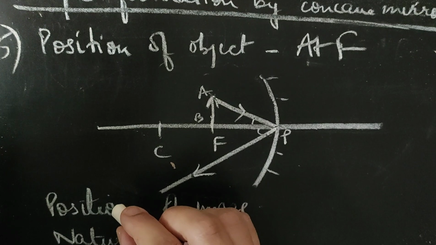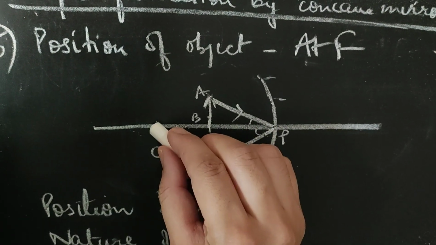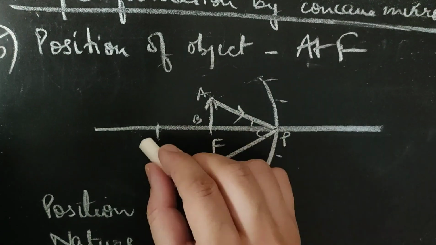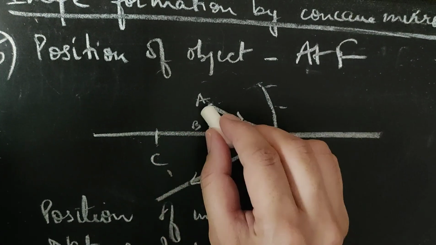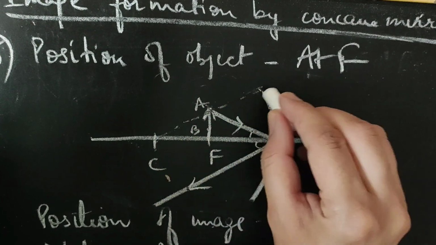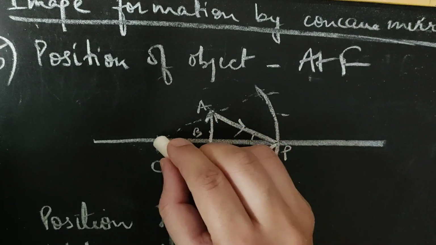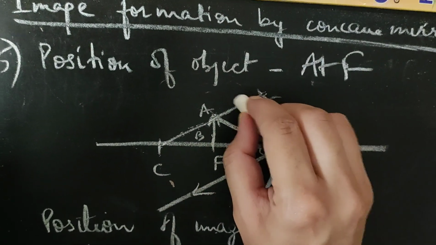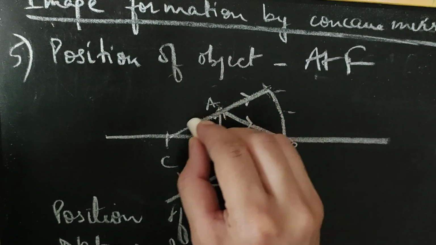And the second rule we can use is that a light ray which passes through the center of curvature will retrace its path. So what you are going to do is, from the object you have to show a light ray which will pass through the center. So accordingly you will draw using a scale. A light ray which is passing through the center will retrace its path.